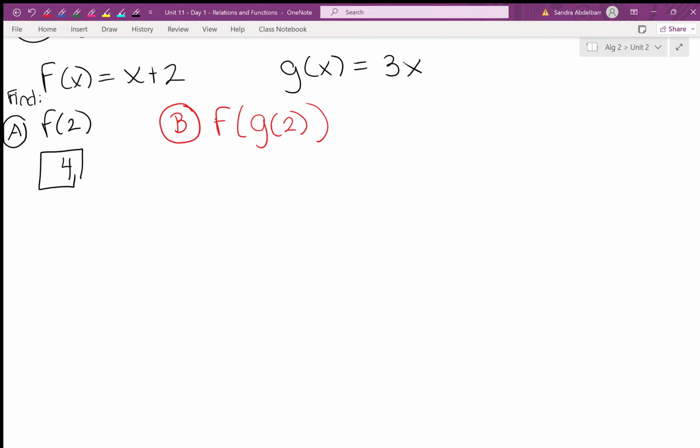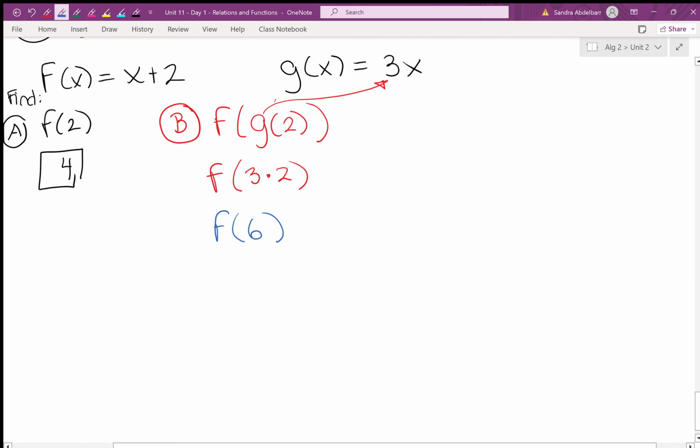So I'm going to go to g of x. And what am I going to do with g of x? I'm going to substitute in a 2. So now I'm going to have f of, so we're working here, 3 times 2. Everybody okay with how I got the 3 times 2? What is 3 times 2? 6. So now I'm left with f of 6.